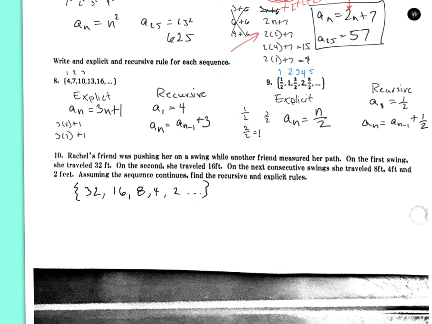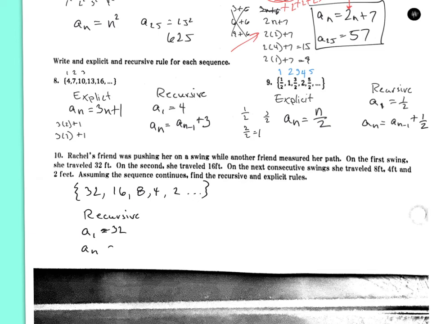So we're trying to write the recursive and the explicit rules. We have learned that recursive helps us write explicit. So recursive is a sub 1 is equal to 32. And honestly, we just divide by 2, right? So how would we write this?